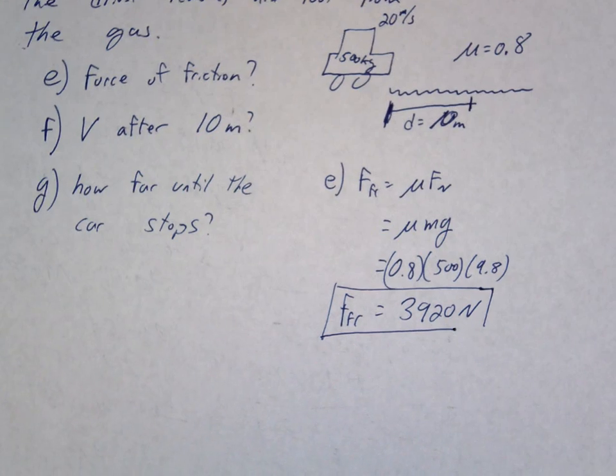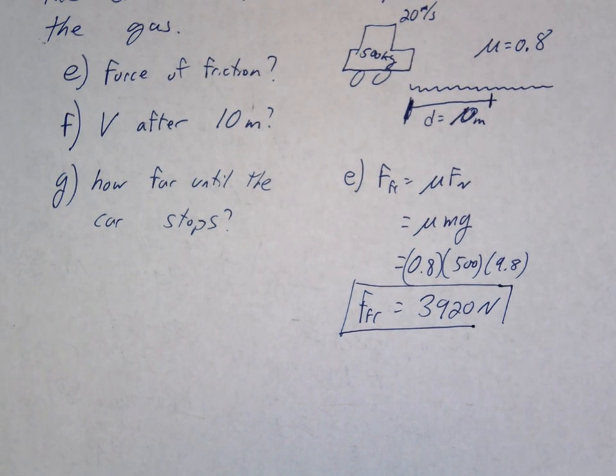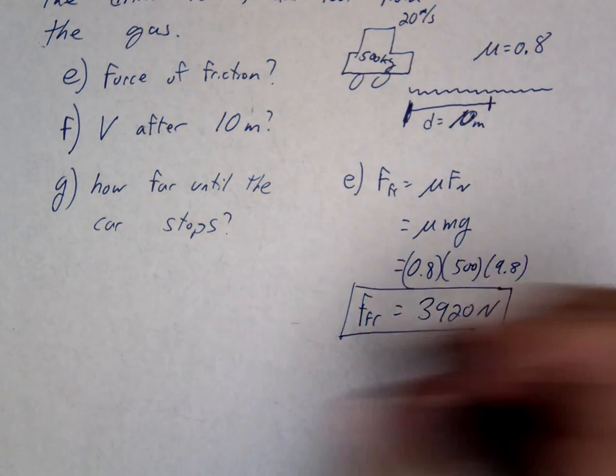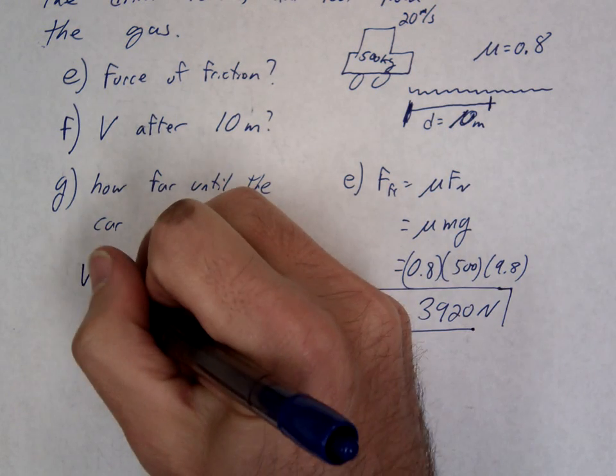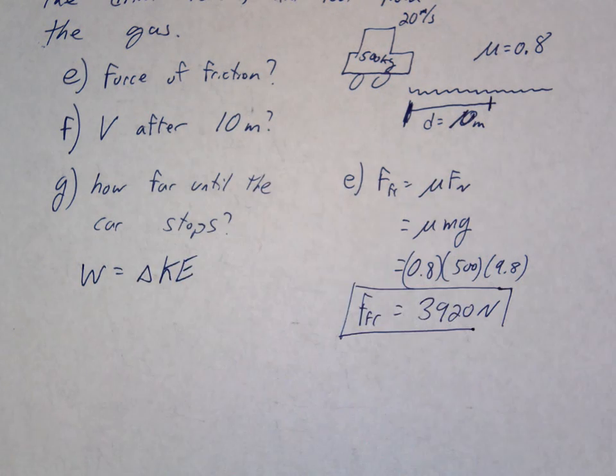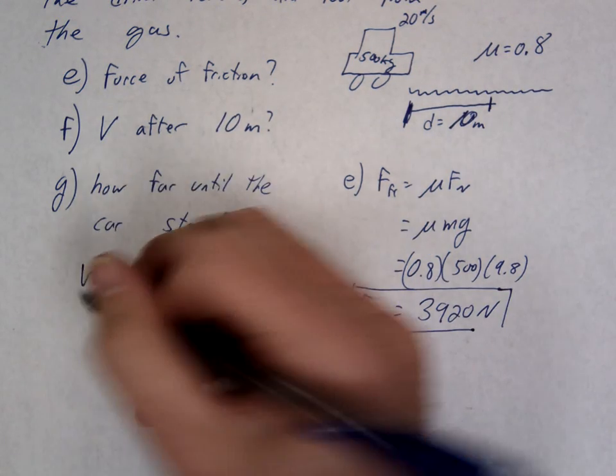All right, so let's go ahead and do the next one. We're going to find what's our velocity after 10 meters. So again, we're going to use the concept of energy here. So we know that work is going to be equal to the change in our kinetic energy. Okay, so we want to figure out how much work did we do?